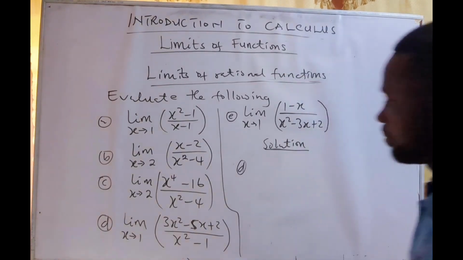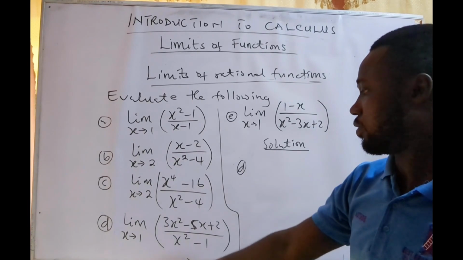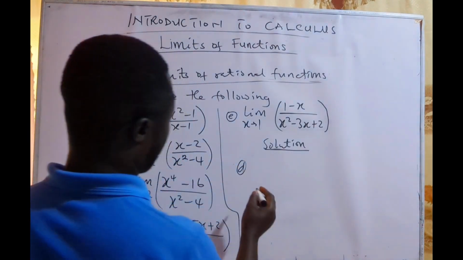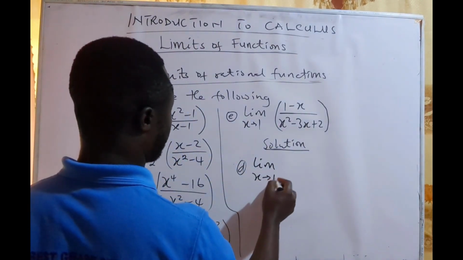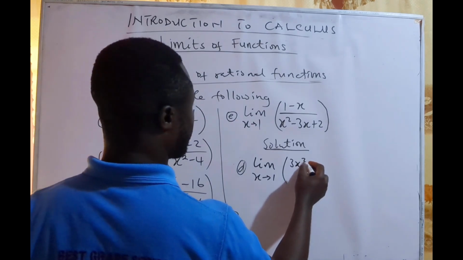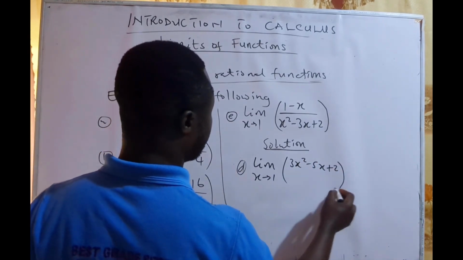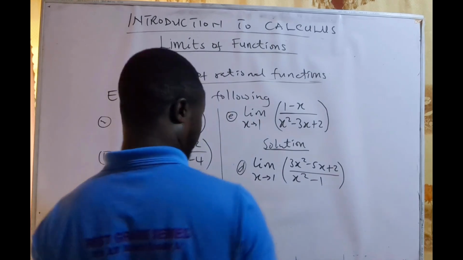D. So the D is we have to evaluate the limit as s approaches 1 of the function (3s squared minus 5s plus 2) all divided by (s squared minus 1).